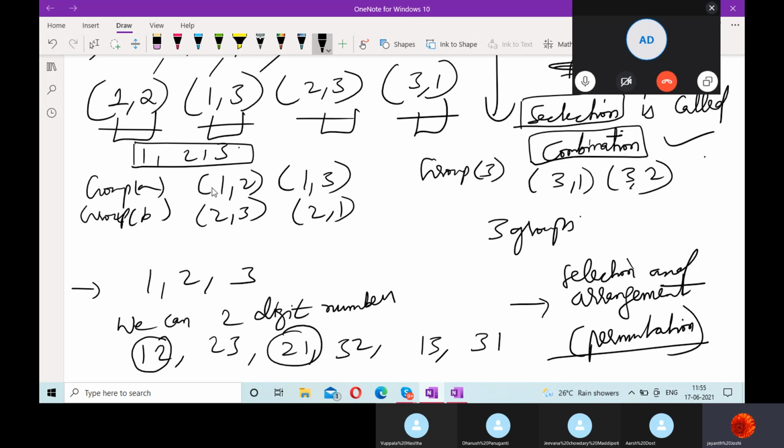See, now you'll be having a doubt. Sir, you also did the same thing in the bracket. No, here we just selected and made a group. Here we are trying to arrange the numbers. If I have 123, if someone asks you for three-digit numbers, 123, 321, 231, anything you can make. This is called permutation, okay? All of you write this.